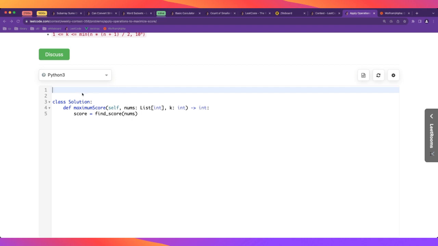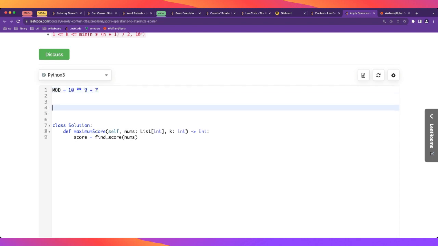Let's make sure that we don't forget about the modding, because it's very easy to forget about that. And well, the way we can do this quickly, the factorization of every number, is with a factorization sieve.